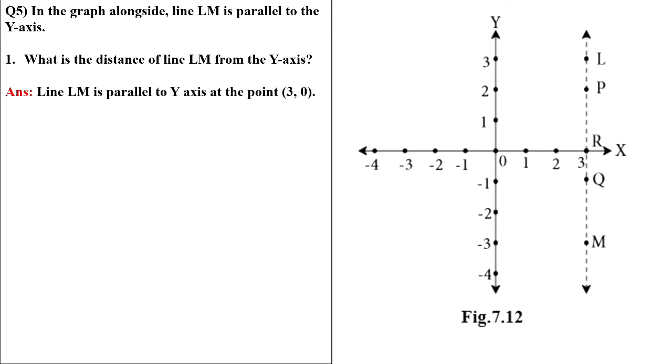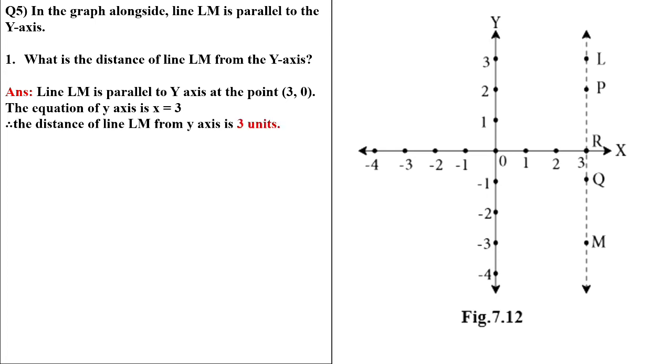So line LM is parallel to the y-axis at the point 3 and 0. Here we write the value of the x coordinate. So here x coordinate is 3, y will take 0 because it is parallel to the y-axis. The equation of the line will be what? X equal to 3, that is a positive 3 as given here. Therefore the distance of line LM from the y-axis is 3 units.